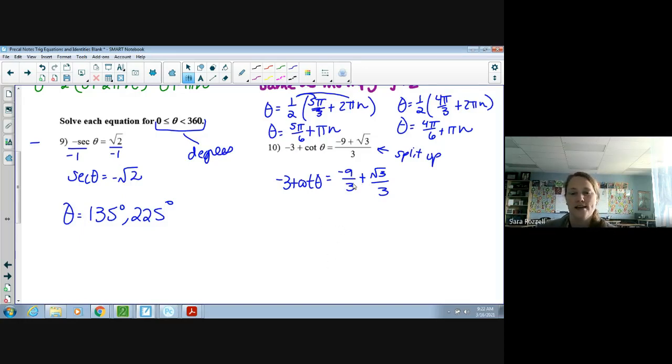What is -9 over 3? That's just -3. So we have -3 plus cotangent theta equals -3 plus √3 over 3. If I want cotangent by itself, what do I need to do?